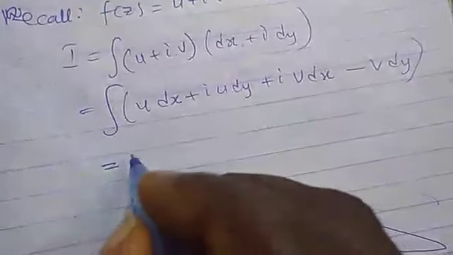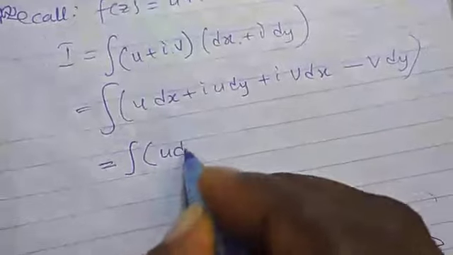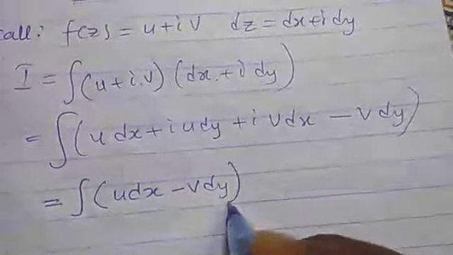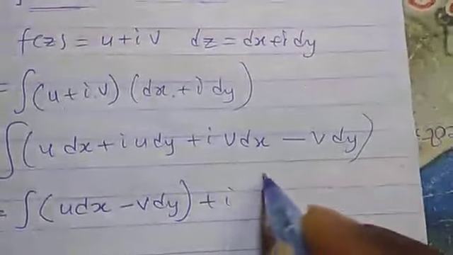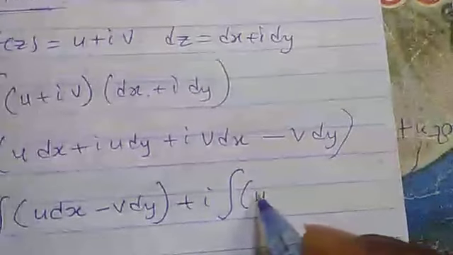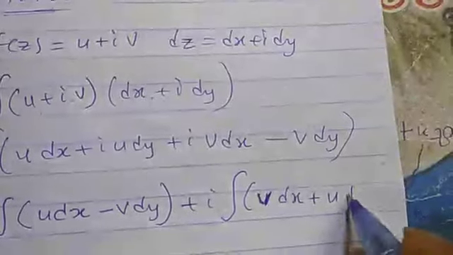That is the expansion. And if you rearrange it, real part to real part, imaginary part to imaginary part, you have u dx minus v dy, plus i times v dx plus u dy.